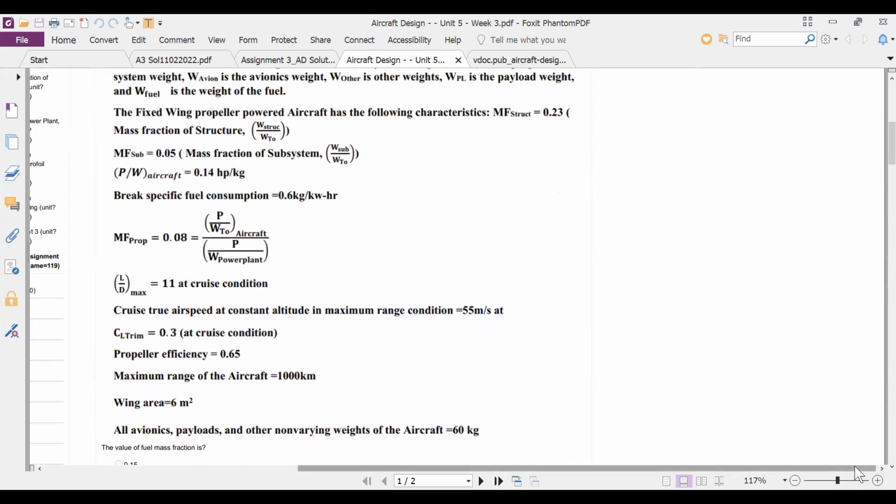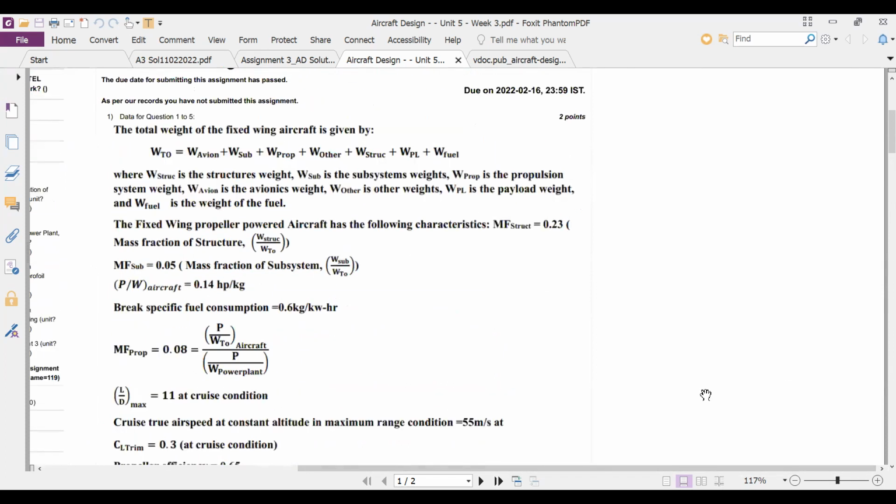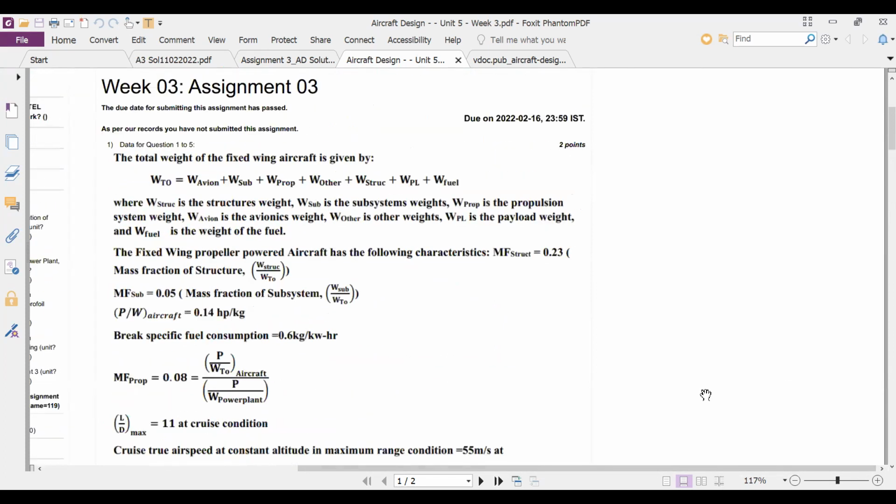to get the feel for whatever you have studied so far. Okay, the question says the total weight of the fixed wing aircraft is given like this. So WTO is the total weight, and there are different parts: for example, avionics, subsystems, propulsion systems, they call other weight, structural weight, payload weight, and the fuel weight. Now they've described all of this.